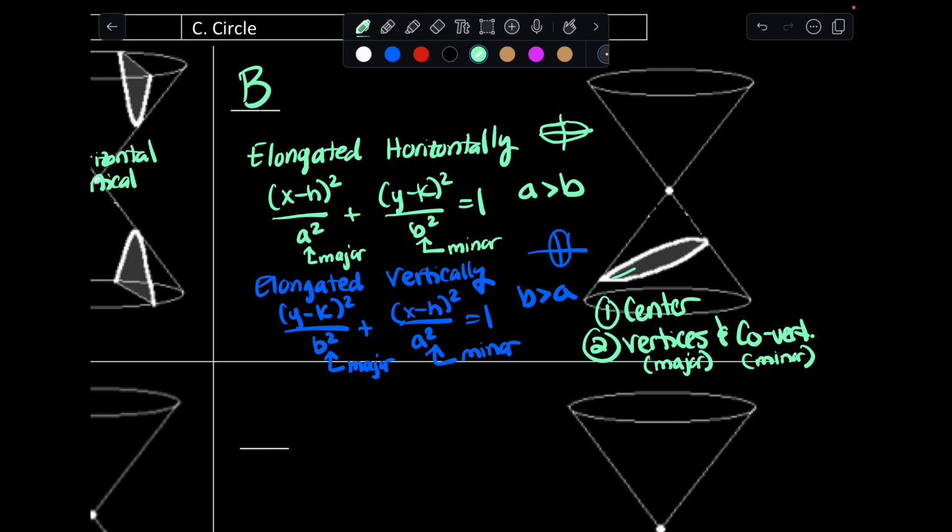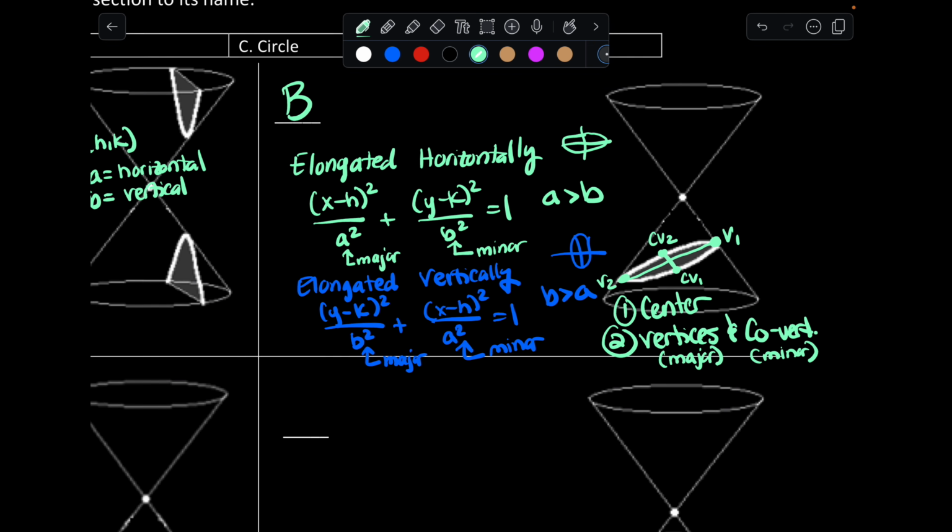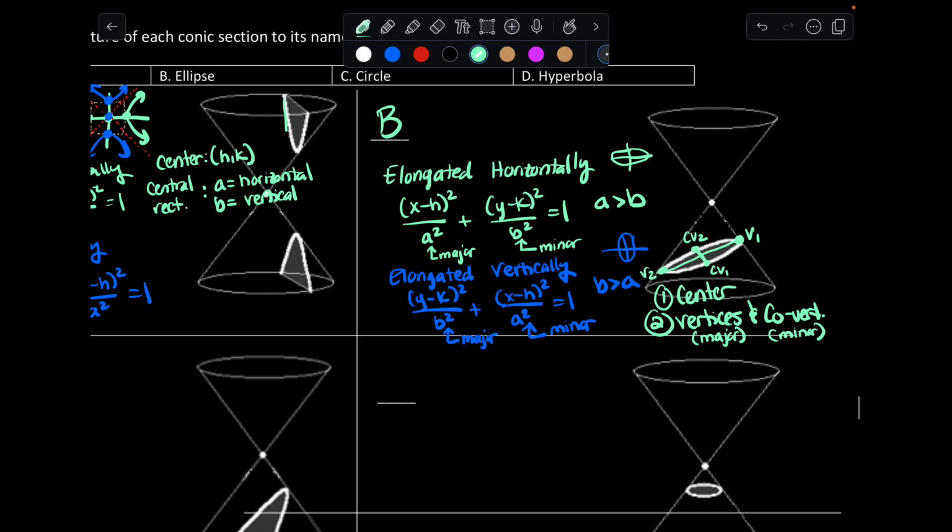So in this case, because it's elongated this way, this would be a vertex, this would be a vertex, and then because this is the shorter axis, the minor axis, this would be a co-vertex, and this would be a co-vertex. For this image for the hyperbola, this would be a vertex, and this would also be a vertex. So basically the vertices will be where the curves meet the edge of the double-napped right cone.